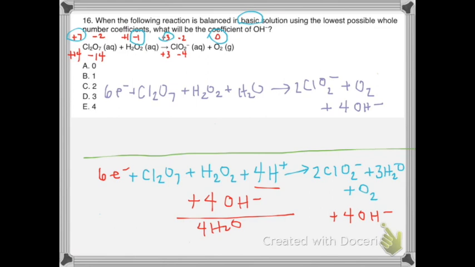And this is our full balanced equation, making the correct answer E.